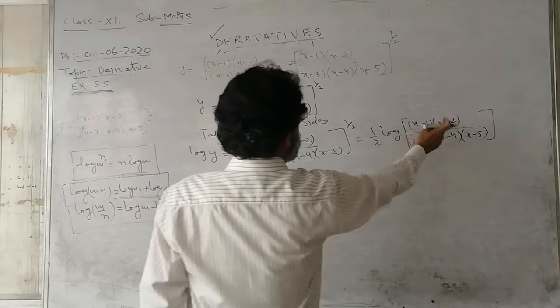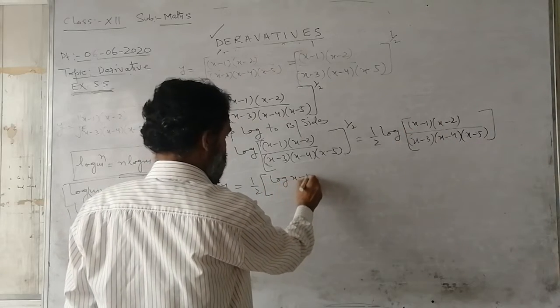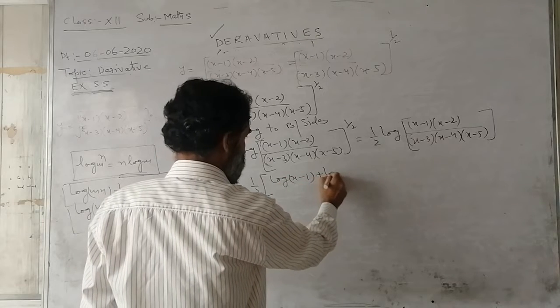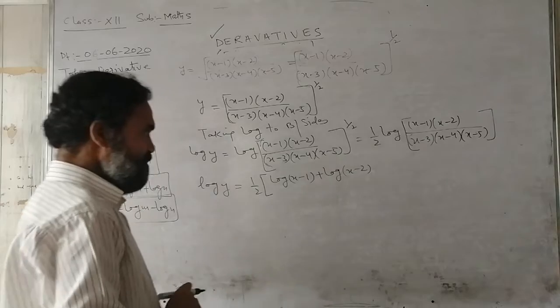This is log m into n, so this can be written as log x minus 1 plus log x minus 2.